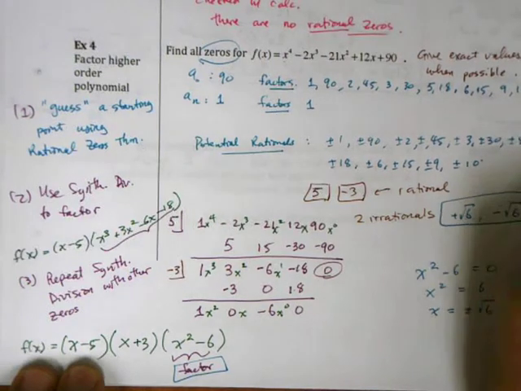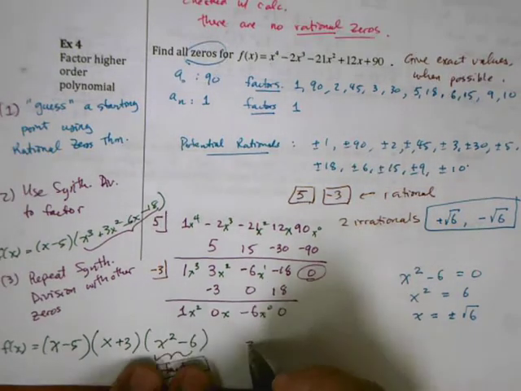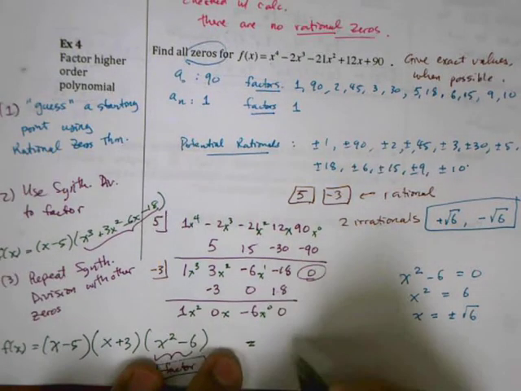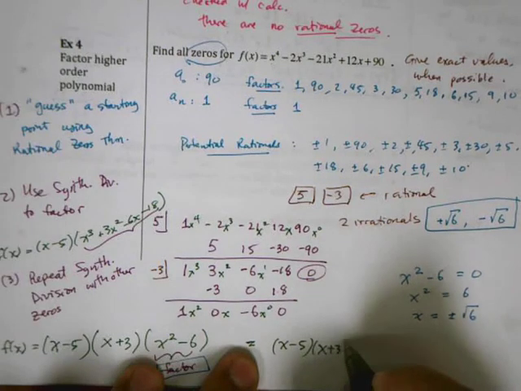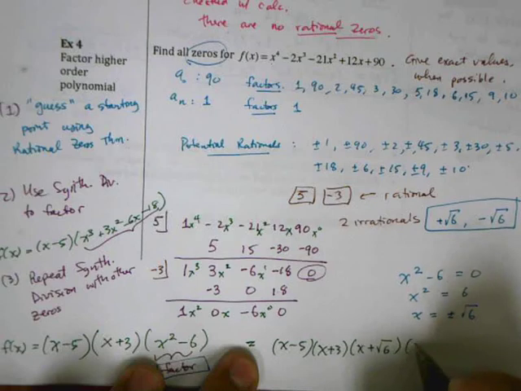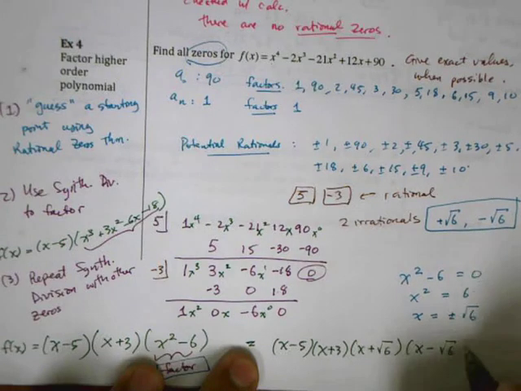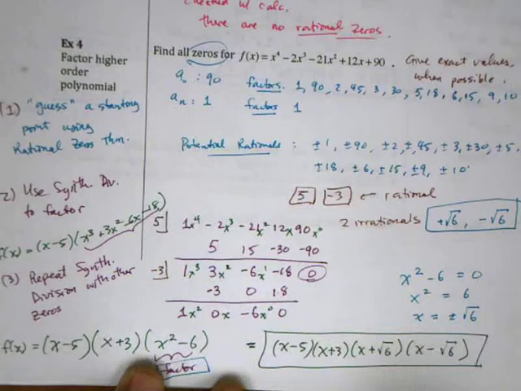Okay, so this answers that question, and I can now rewrite this in complete factored form. F of x is equal to x minus 5 times x plus 3 times x plus the square root of 6 times x minus square root of 6. And you can see from this, this is completely factored down.